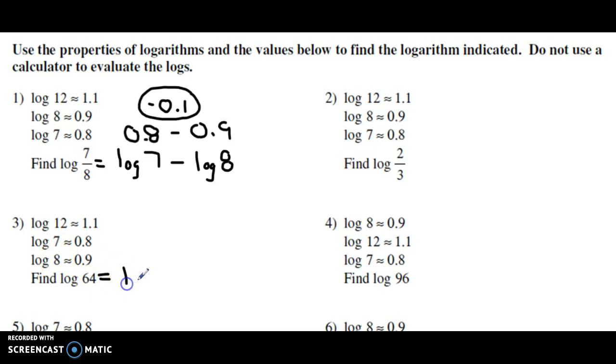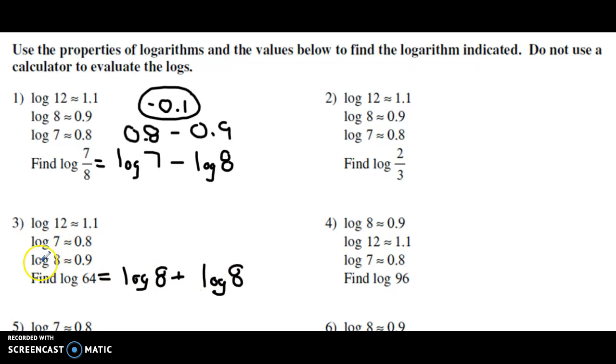So I can break this into log of 8 plus log of 8, because 8 times 8 is 64.